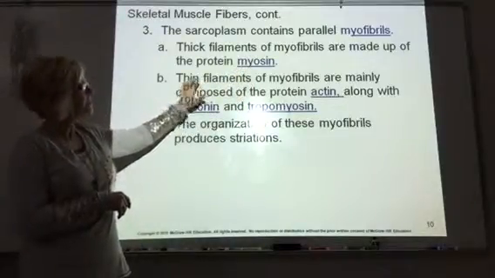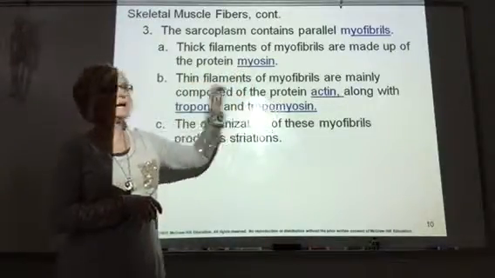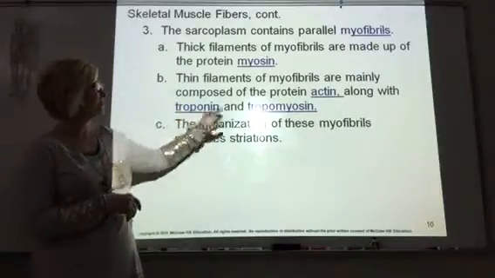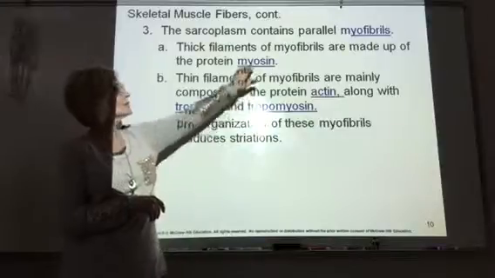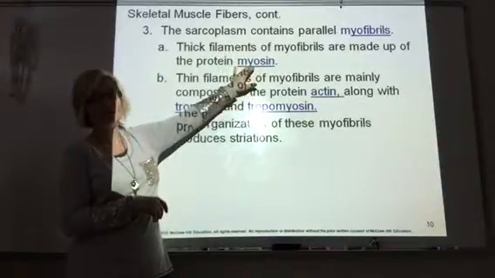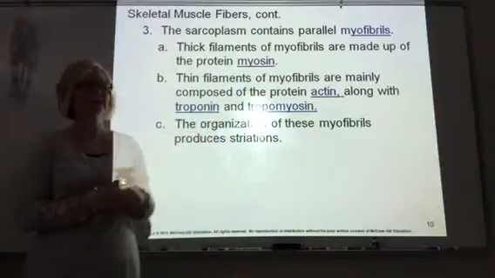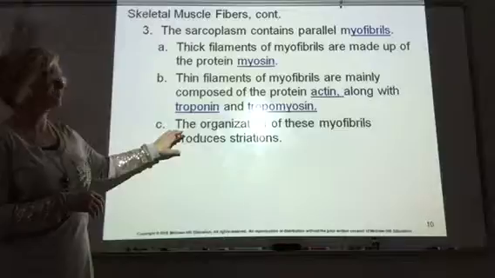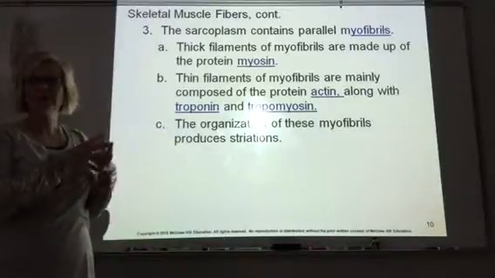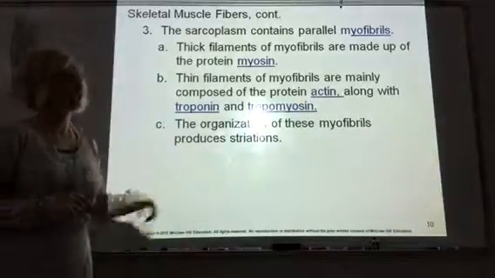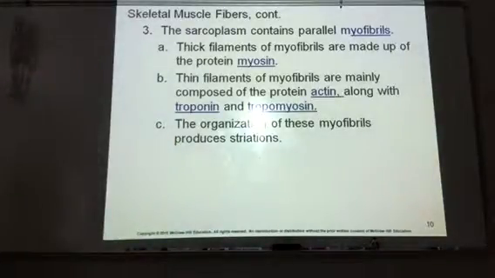Thin filaments are made up of actin, primarily, along with some troponin and tropomyosin. I'm more concerned that thick filaments have myosin, thin have actin. And then the organization of these myofibrils is what gives muscles the look of striations throughout the muscle tissue.